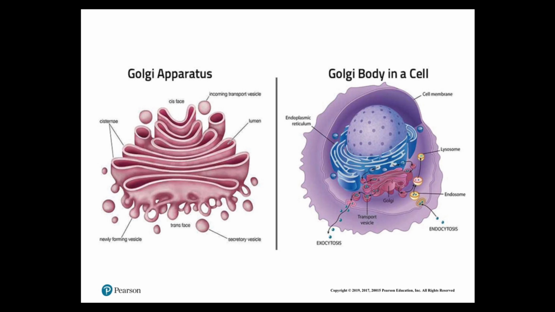On the right, you can see the Golgi apparatus, which is very strategically located next to the rough endoplasmic reticulum. And there you see it with the transport vesicles. They can either be used for exocytosis, or it can also process molecules that are coming into the cell via endocytosis.